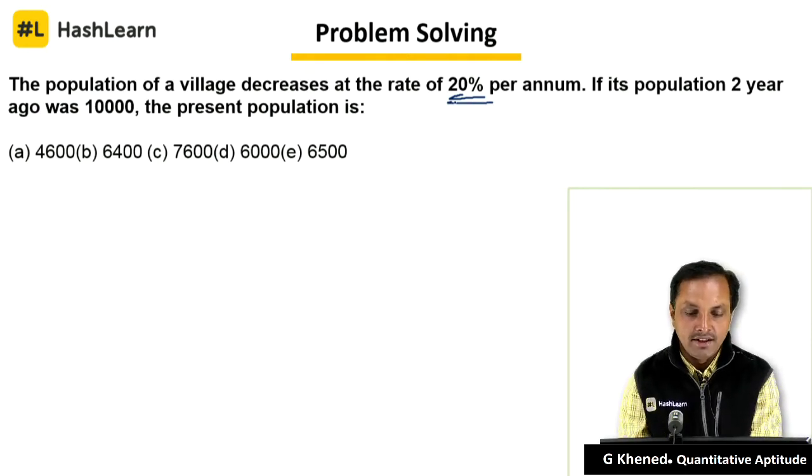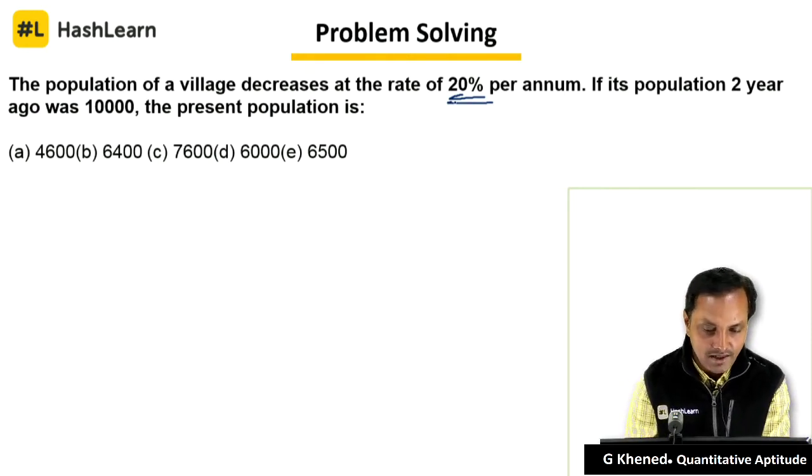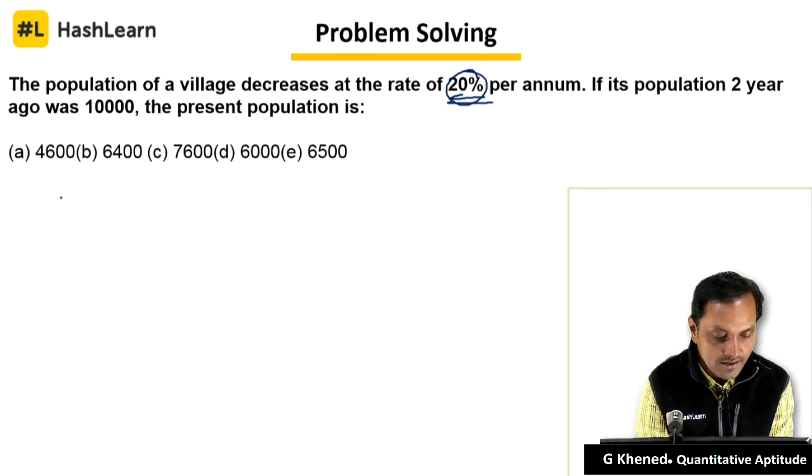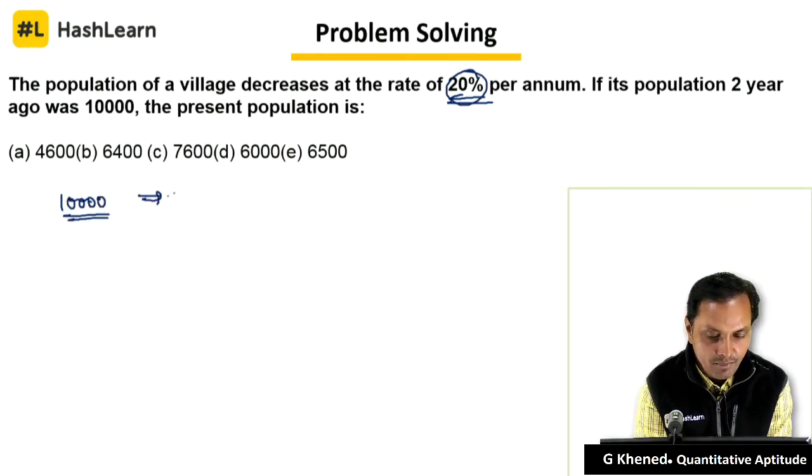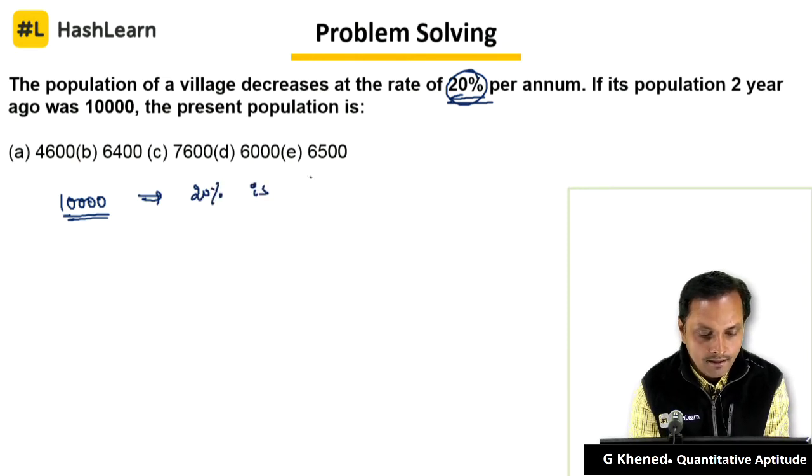What is the meaning of decreasing? Decreasing is very simple. As I told you, what is 10,000? What is 20%? 10% is 1000, 20% is 2000.